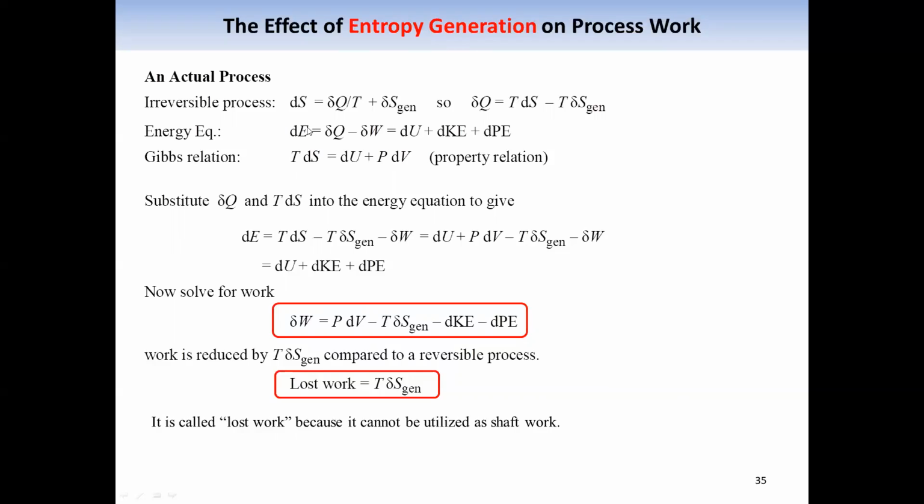By definition, total energy is a combination of internal energy, kinetic energy, and potential energy. Then from the Gibbs relation, we have the third equation on this slide. Now we can replace TdS in this expression and place dq into this equation. Then we get this portion of the equation.